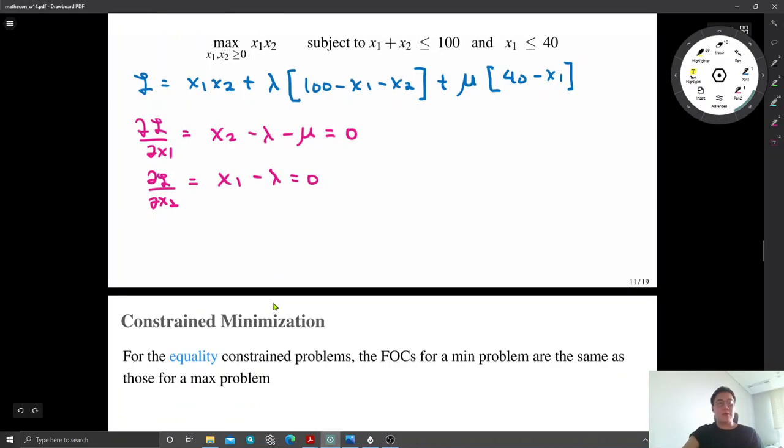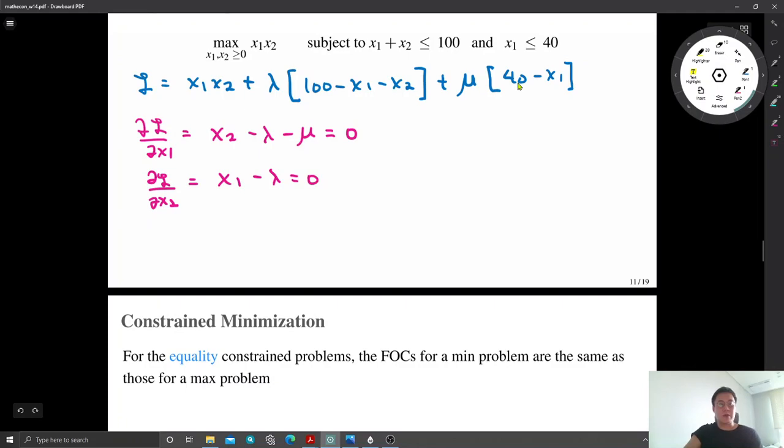And the second condition simply requires x1 and x2 be smaller than or equal to 100, and the first choice variable x1 be smaller than or equal to 30. So this is the second condition in the Kuhn-Tucker theorem, and we write down the complementary slackness conditions. We have two complementary slackness conditions because we have two constraints.